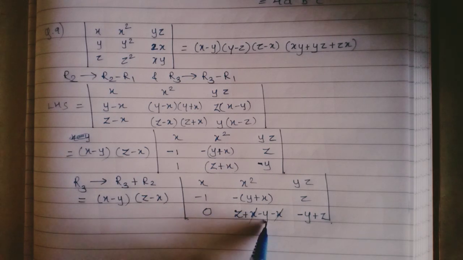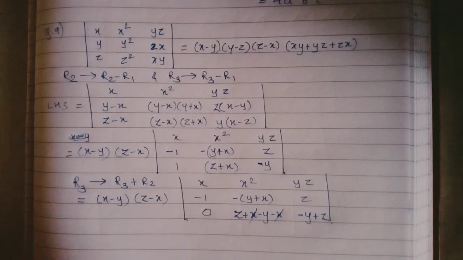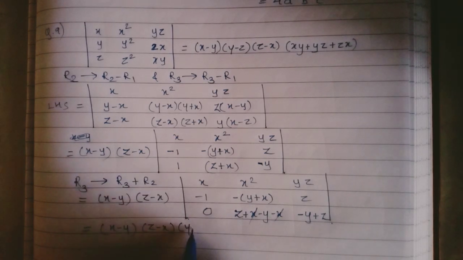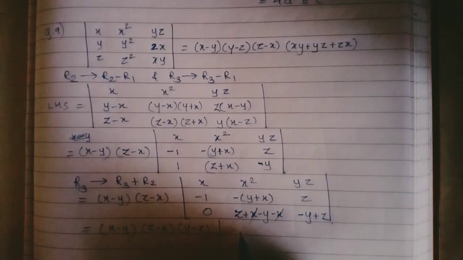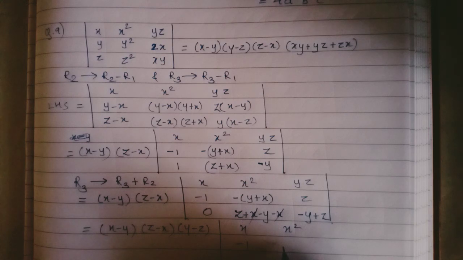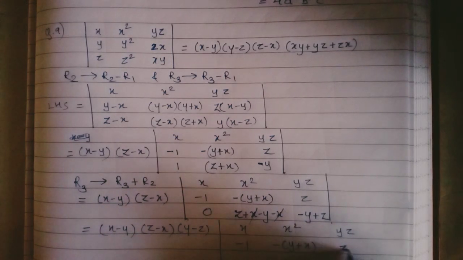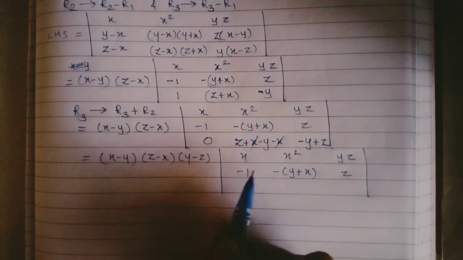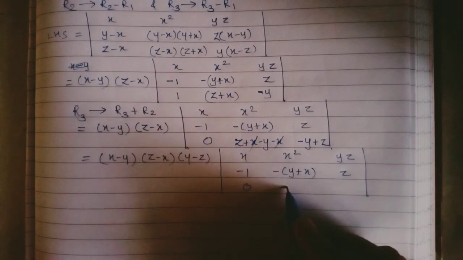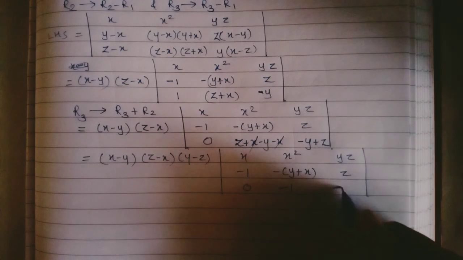Here also we are getting z minus y, so taking out y minus z from R3, you will get x minus 1 x square, minus y plus x yz z. So here it is 0, you are taking out y minus z, so this will be minus 1, again this will be minus 1.